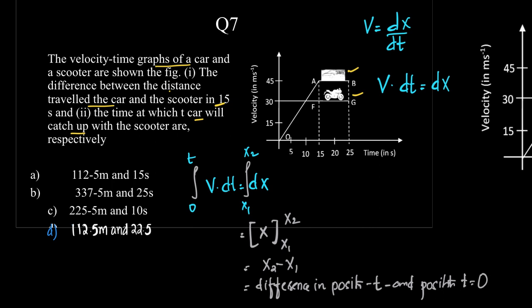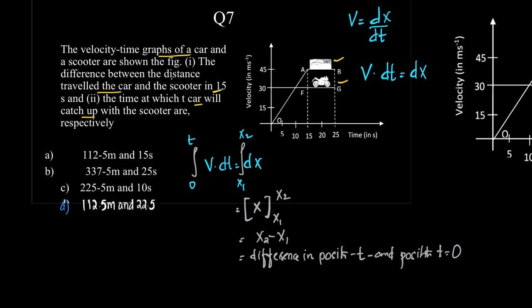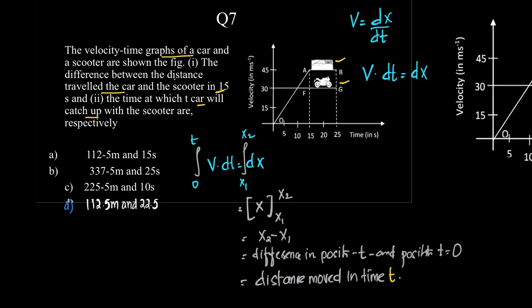Now what is that basically equal to? That is basically equal to the distance moved in time t. Okay, so that's about the RHS. Now what about the LHS? See, integral 0 to t of v dt.